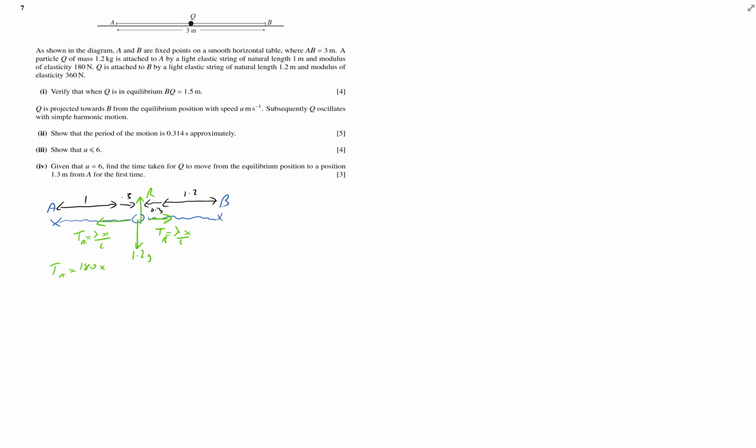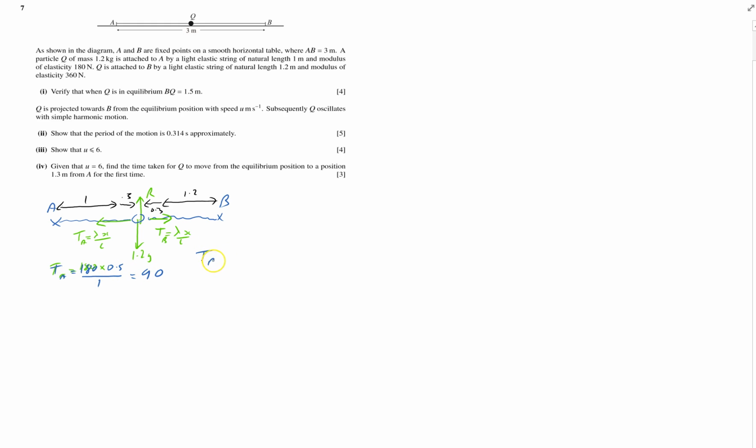So we've got TA equals lambda, and the extension is times 0.5 all over L, which is 1, and that equals 90.